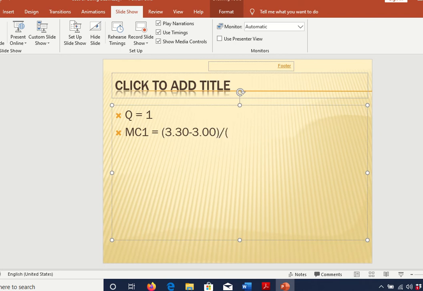The change in the quantity, 1 minus 0. So that will give us 30 cents, right?